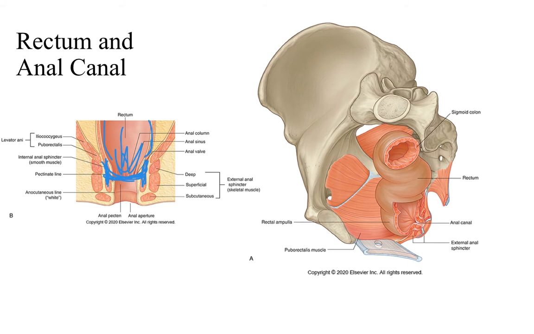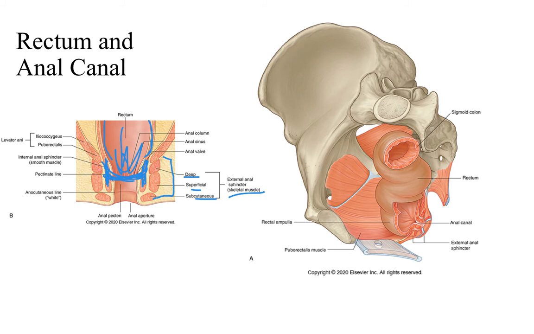And then we have our external anal sphincter, and technically there are three parts of that external anal sphincter, and remember they're skeletal muscles, so they're under voluntary control. You don't have to know deep, superficial, and subcutaneous parts of the external anal sphincter, because oftentimes these can't be separated out, so you often see them as just one particular entity.